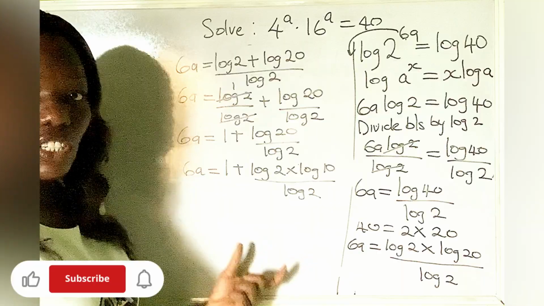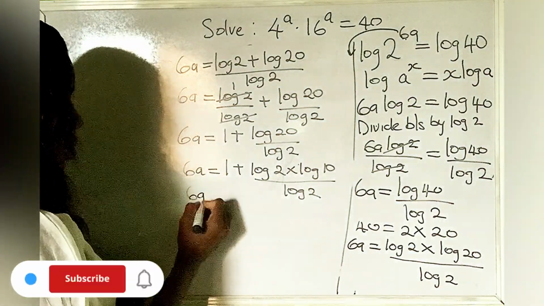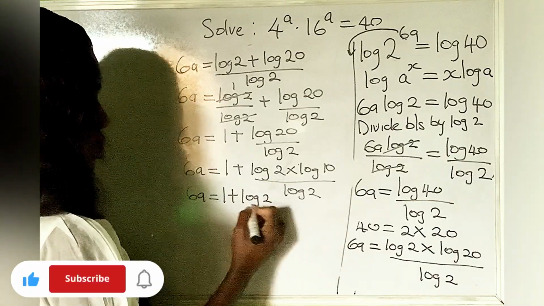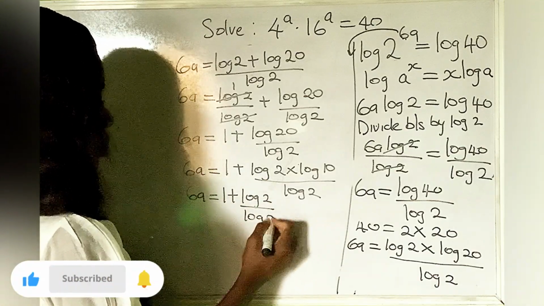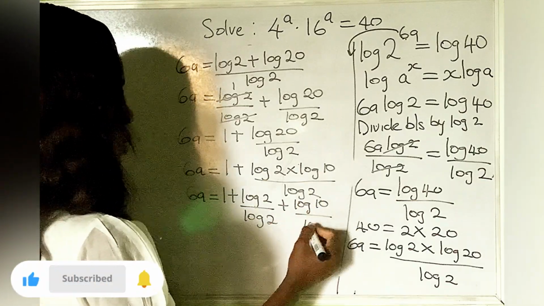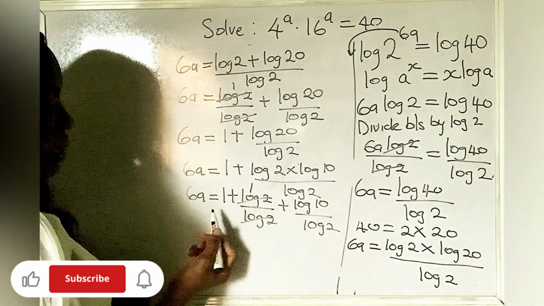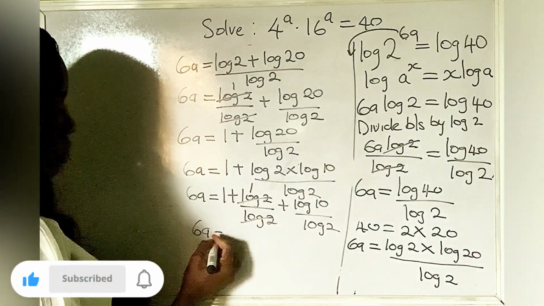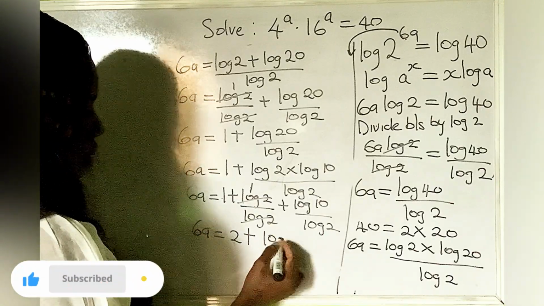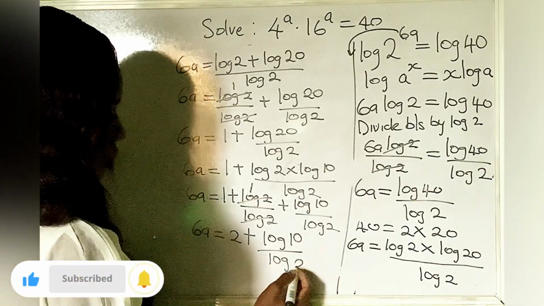So we have actually changed nothing here. So this becomes 6a is equal to 1 plus log 2 over log 2 plus log 10 over log 2. This cancels this, we have 1. So now we have 6a is equal to 1 plus 1, 2, plus log 10 over log 2.